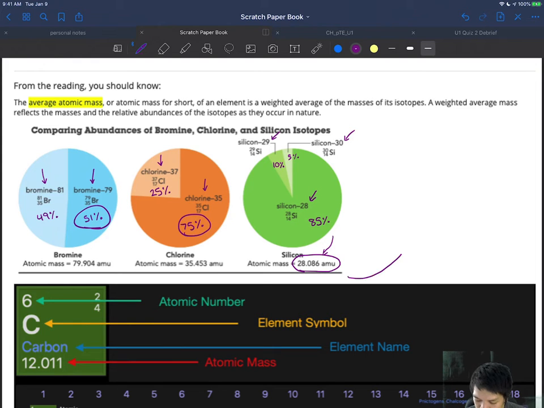On a number line, we have 28 atomic mass units, 30 atomic mass units, and in the middle 29. But since literally 85% of it is silicon-28, the average weight, accounting for the percent abundance, is a lot closer towards 28.